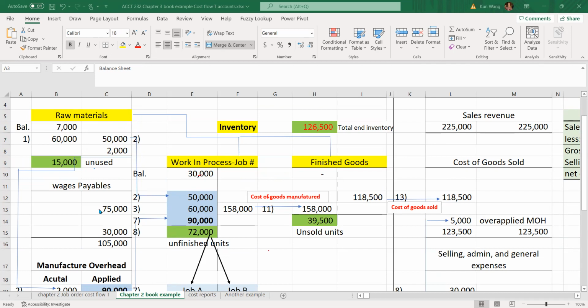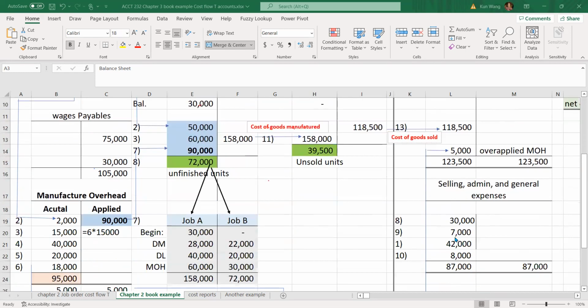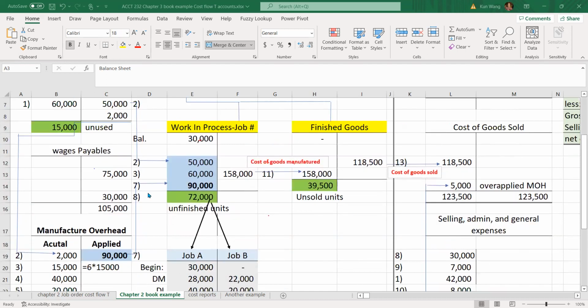We have direct labor and indirect labor for the manufacture process. For the labor, the direct labor is 60,000 and indirect labor is 15,000, such as the wages and benefits of the factory supervisors.